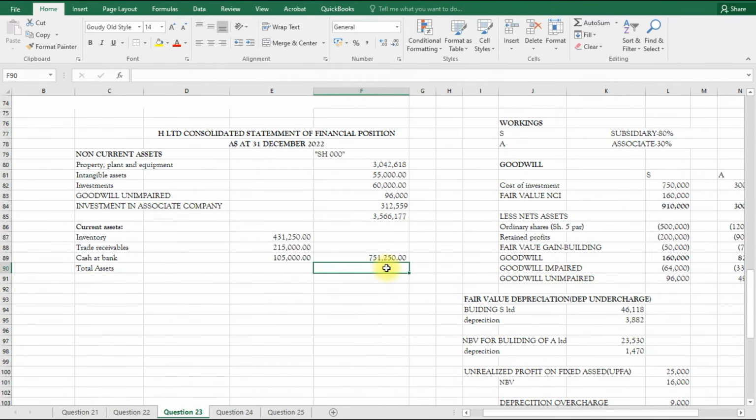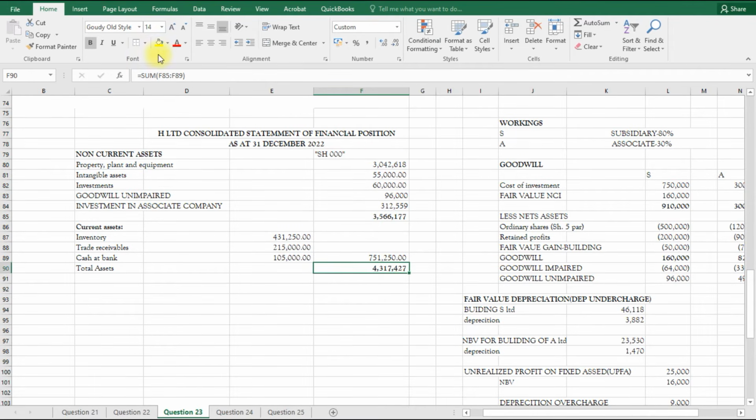In total assets, I'll put alt equals, and I'll adjust this to cover these two, and I put equals, so I shall get 4317,427 as our total assets there.